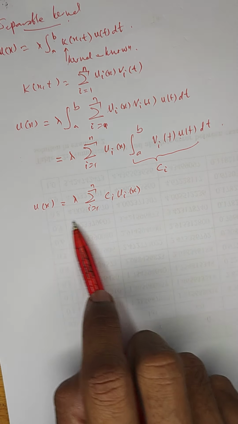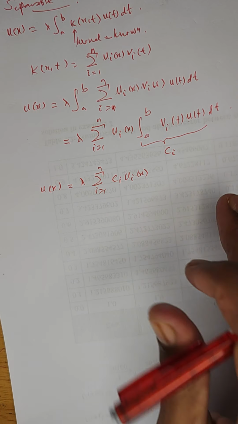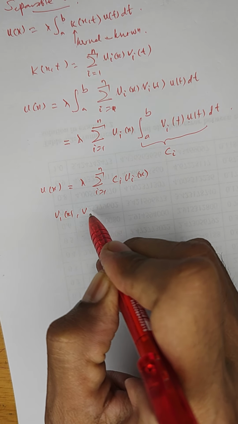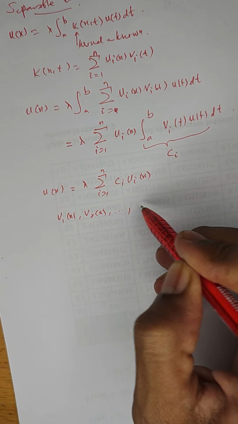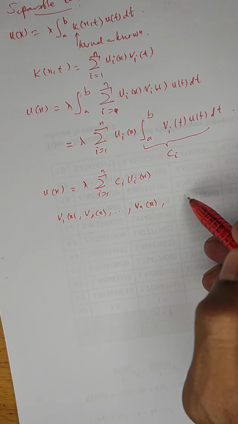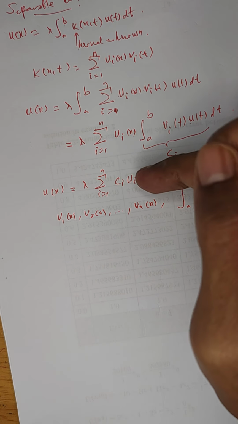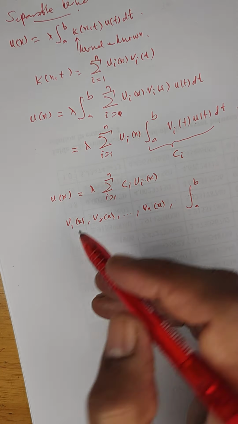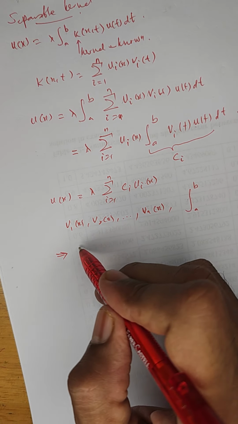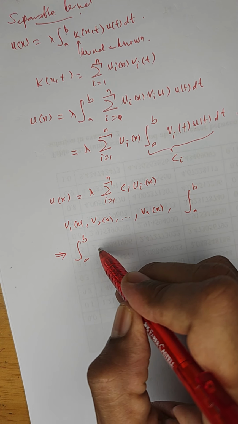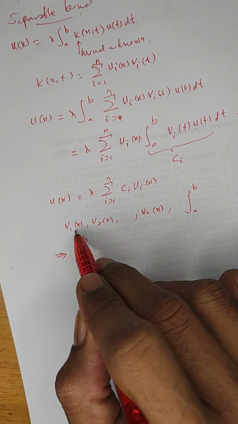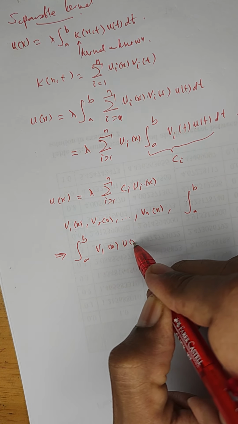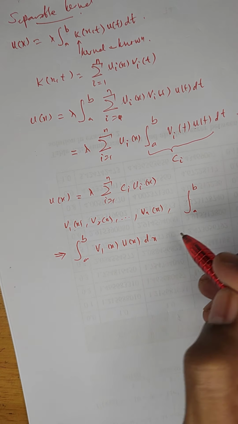Now, if you multiply this by v1 x, v2 x, and so on, up to v n x, and then integrate from a to b, what we have is, multiplying by v1 to that equation, the integral from a to b of v1 x u x dx on the left side.